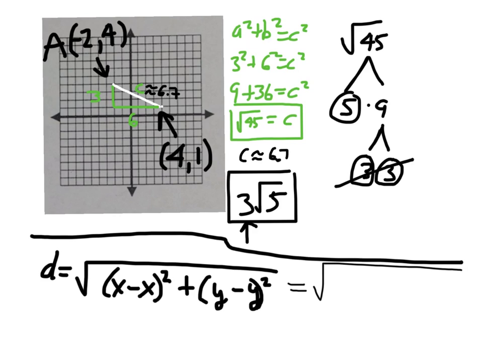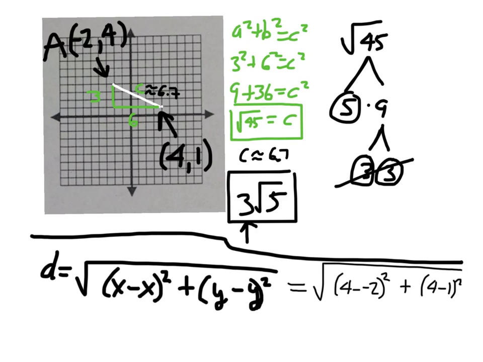Subtracting the two x's from each other would be 4 take away -2 squared, plus subtracting the two y's from each other, 4 minus 1 squared.